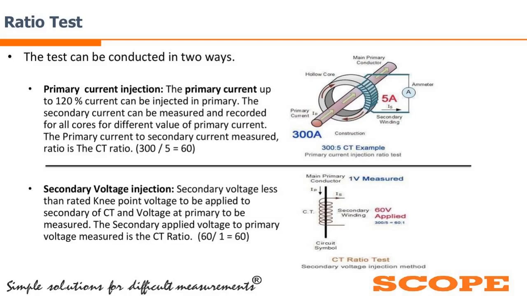So these are the 2 methods normally used to conduct a ratio test. With the help of RATOM 21, we can do ratio test in both methods. We have the facility to conduct a ratio test on a current transformer by the current method and by the voltage method.